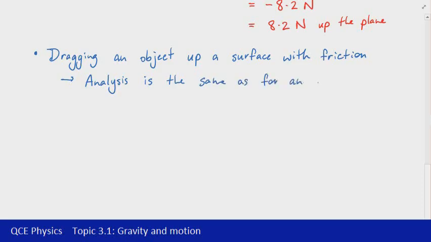So if we apply a force to a frictionless surface, then we've got that idea again of whether the force is balancing the weight or not. But the difference is the force of friction.